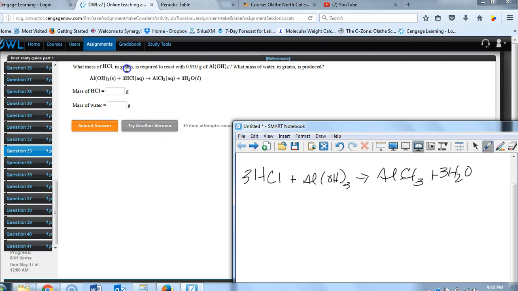We want to know what mass of hydrochloric acid in grams is required to react with 0.910 grams of aluminum hydroxide. So, first thing we have to do is change this to moles. 0.910 grams divided by the molar mass of aluminum hydroxide.